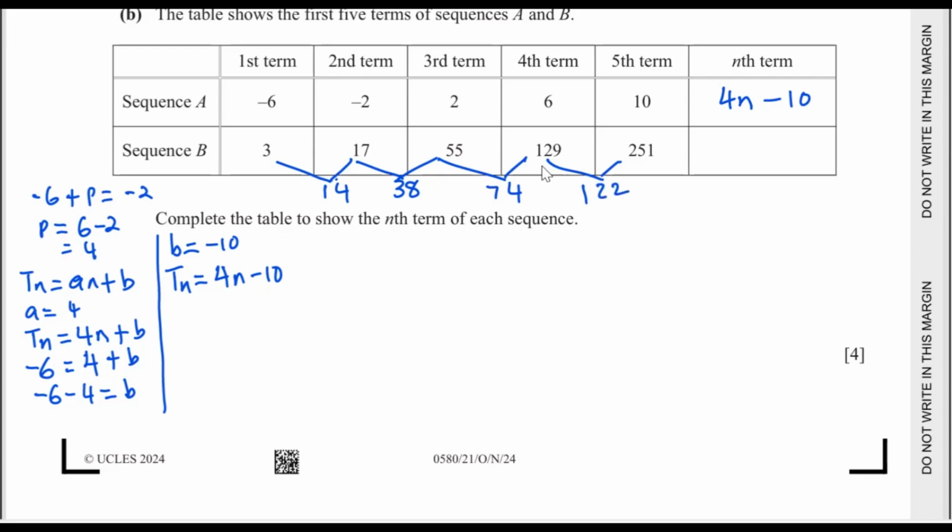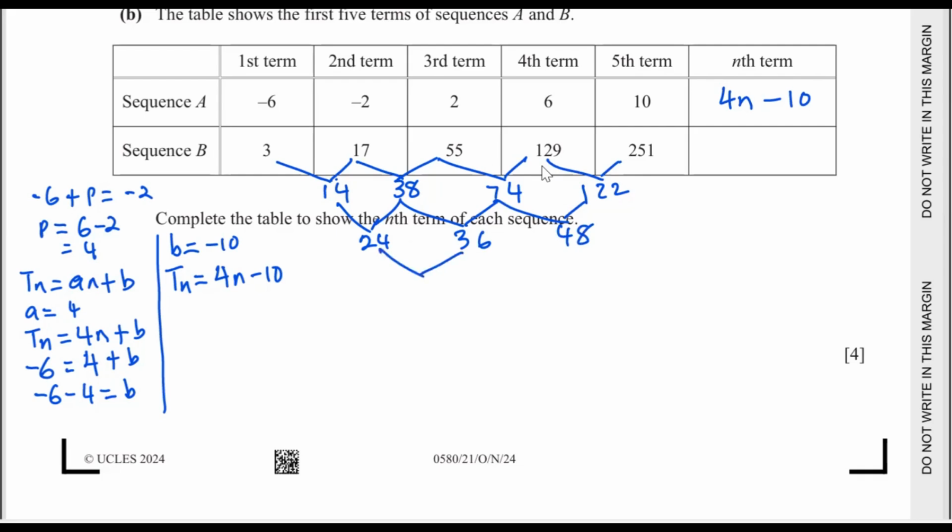If we proceed again, 38 minus 14 is going to give us 24. 74 minus 38 is going to give us 36. And 122 minus 74 will give us 48. Second difference, we still do not have the same value.